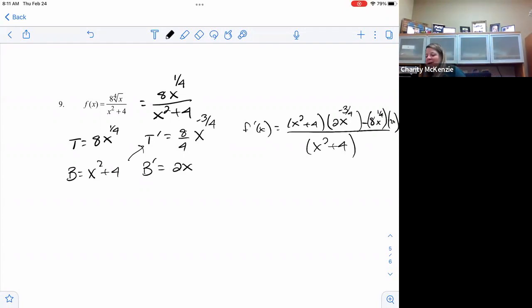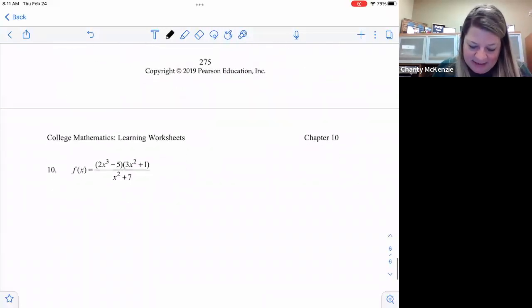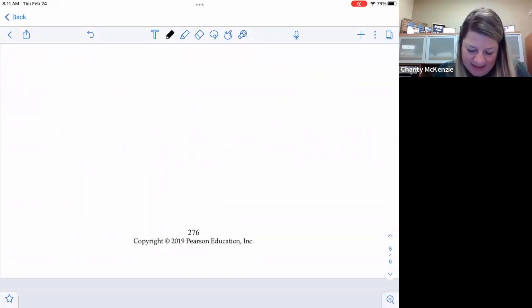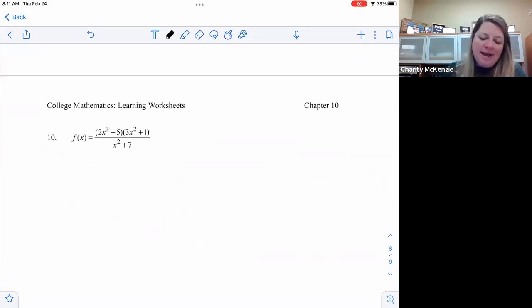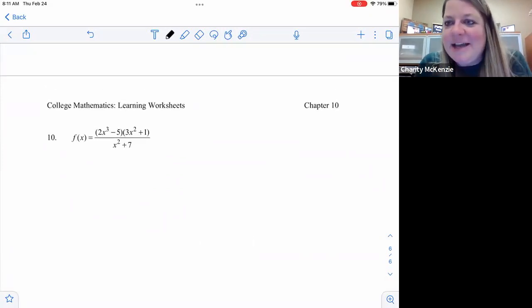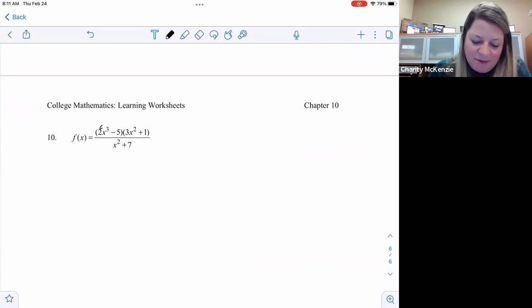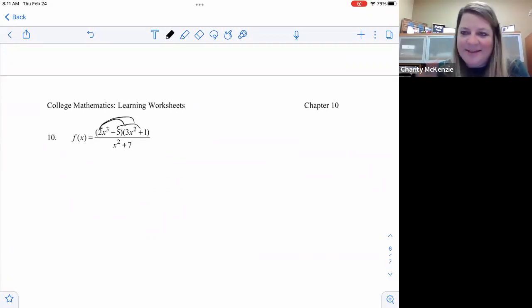Even on the exam, there will be a question where I just say, do the quotient rule, you don't have to simplify. Okay, let's do one. If you have one like 10, it has a quotient in a product rule in a quotient rule, but it isn't mandatory. You could multiply this out and then do it.